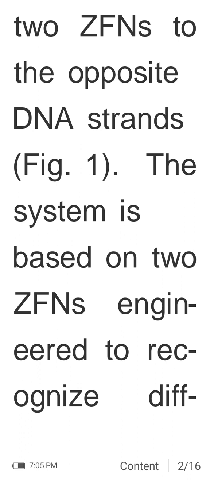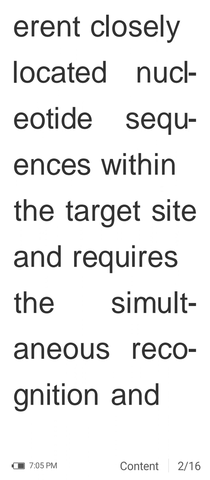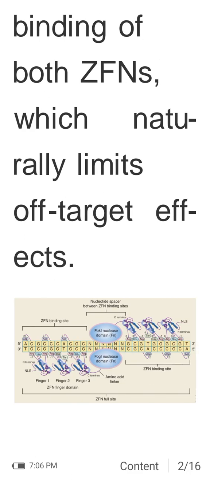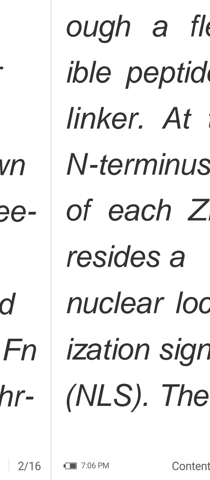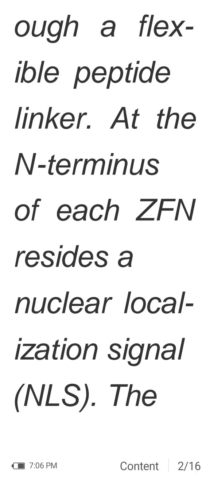The system is based on two ZFNs engineered to recognize different closely located nucleotide sequences within the target site and requires the simultaneous recognition and binding of both the ZFNs, which naturally limits off-target effects. So here, a ZFN dimer binding to DNA is shown as a 3-finger zinc finger linked to the FokI domain through a flexible peptide linker.